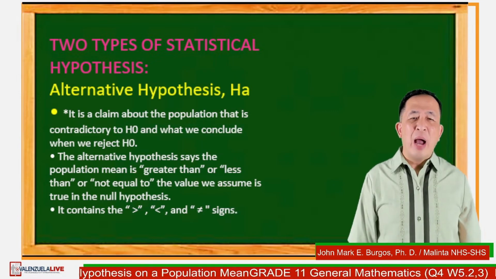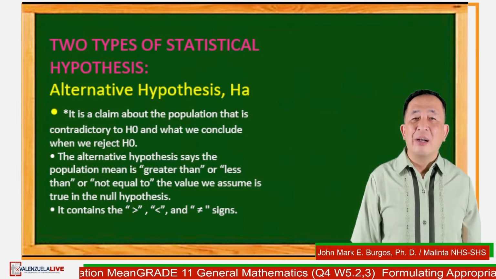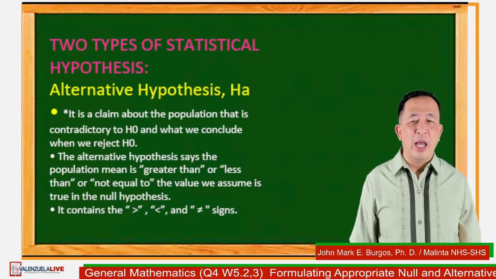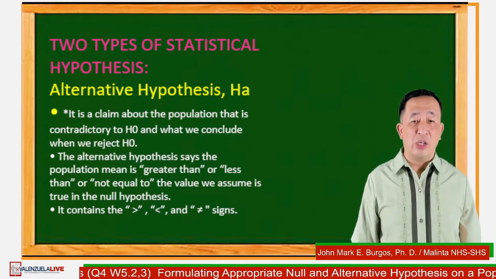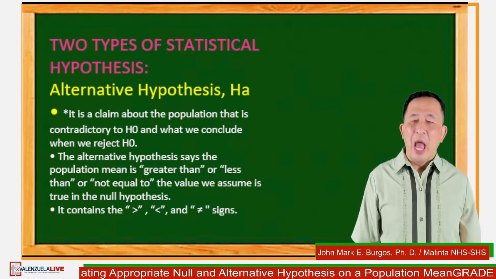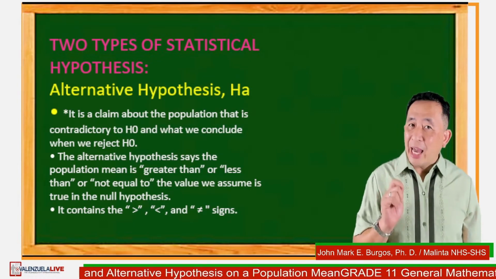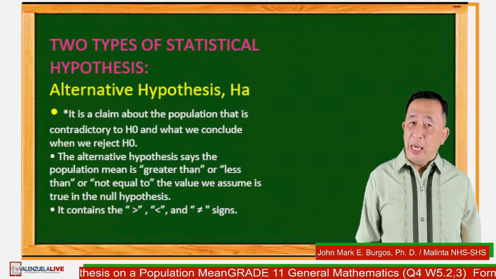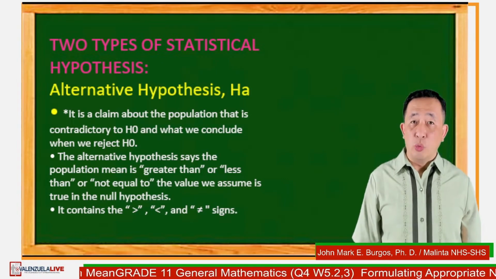The alternative hypothesis says the population mean is greater than or less than or not equal to the value we assume, which is true in the null hypothesis. Therefore, in the alternative hypothesis, we can expect that we will be using the symbols greater than, less than, and not equal to signs.